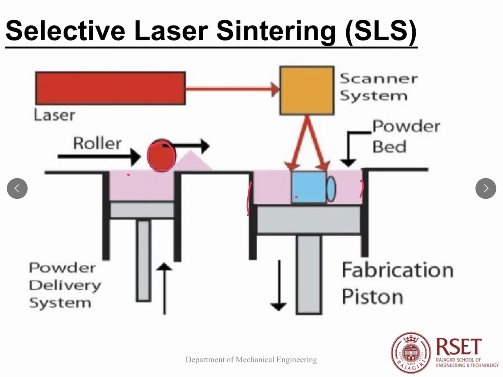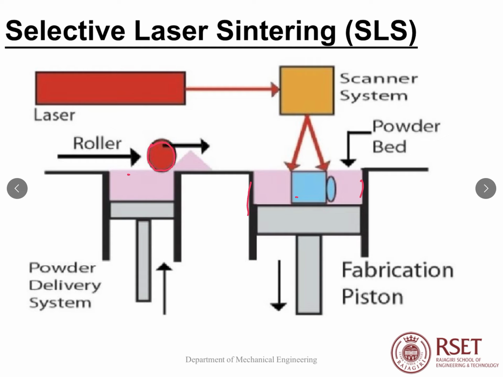Its purpose is to spread a thin layer of powder over the build platform. The piston surface acts as the build platform, and the roller's function is to spread a thin layer of powder over it from this chamber.